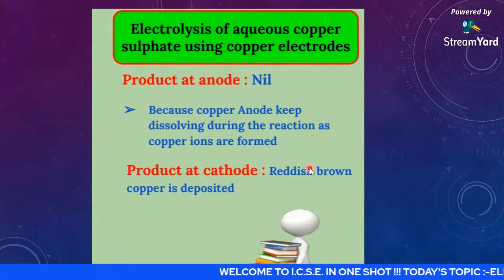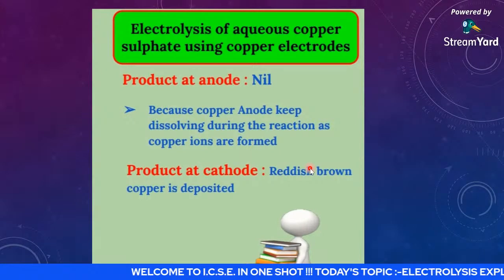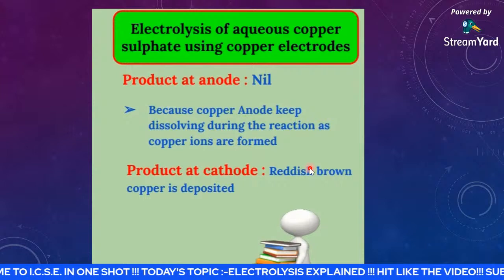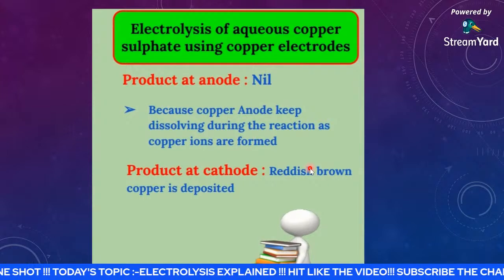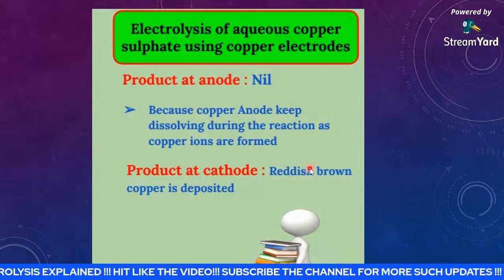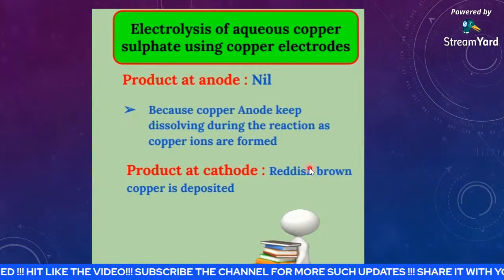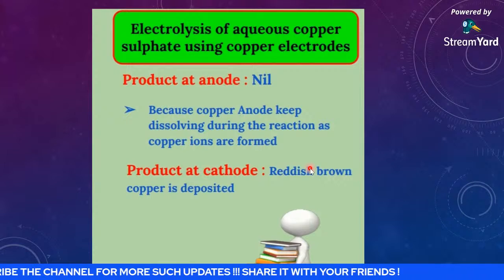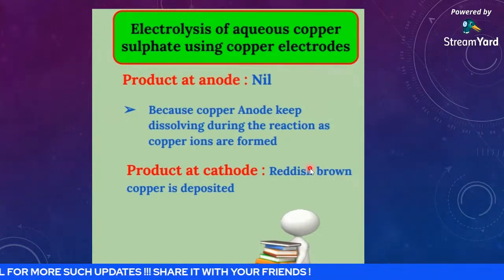Now, electrolysis of aqueous copper sulfate using copper electrodes. Products at anode: nil.